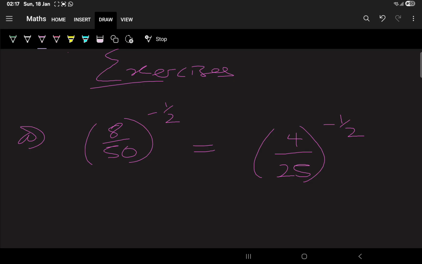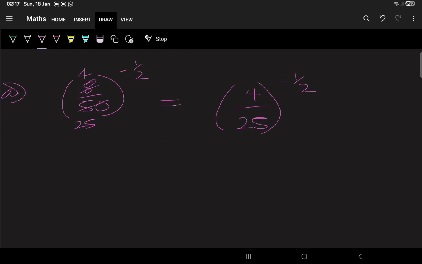This is because our terms here are divisible. Now remember, negative index, we take the reciprocal or inverse of the base, and this is our base. So the reciprocal of our base is going to be 25 divided by 4 raised to the power of 1/2.